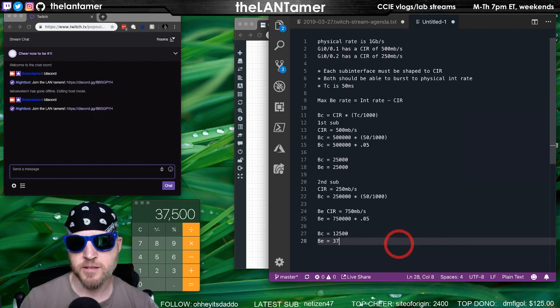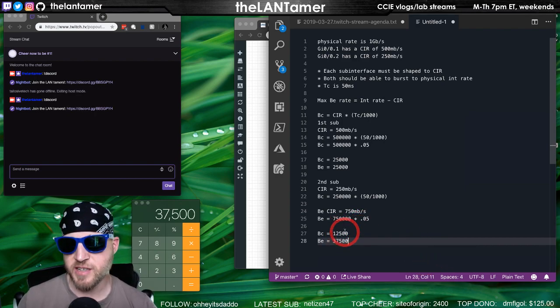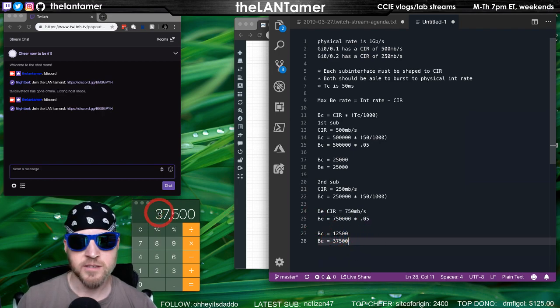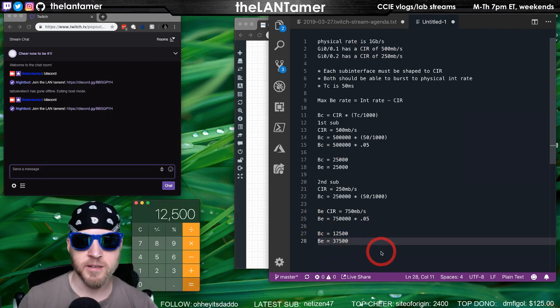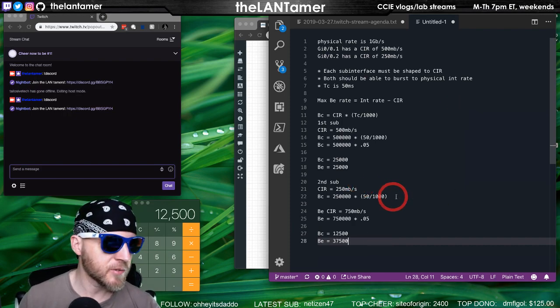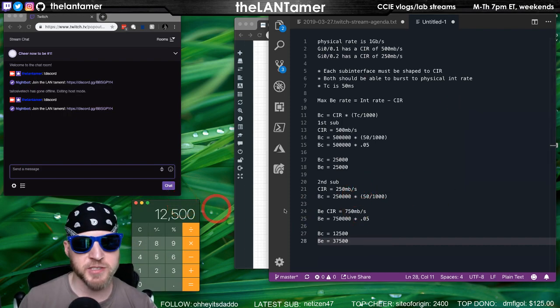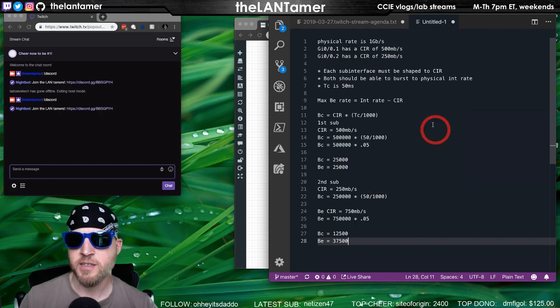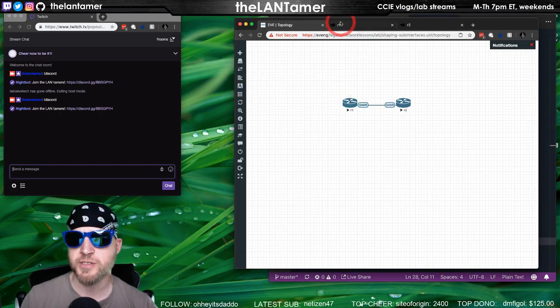So that should actually be like 3 times. Is it divided by 3? Yeah. We just wanted to go through the formulas, get practice on that, make sure our logic is correct. So let's go ahead and configure the routers.